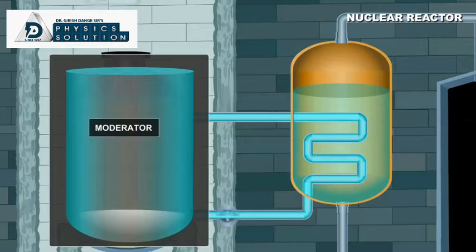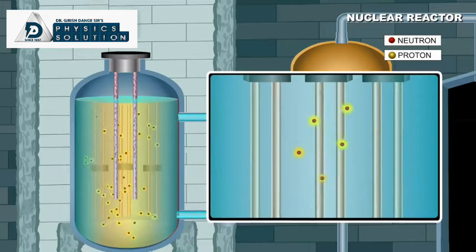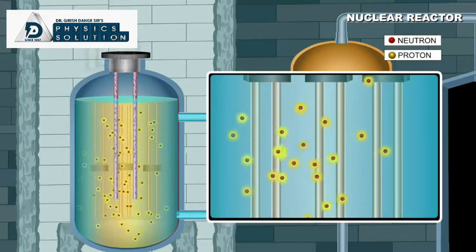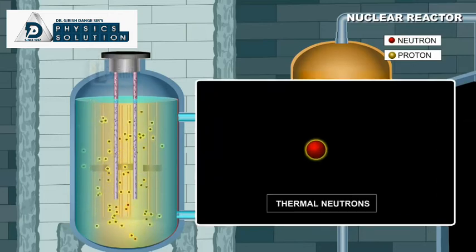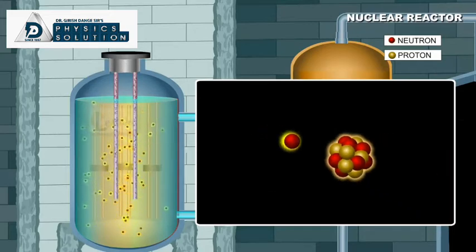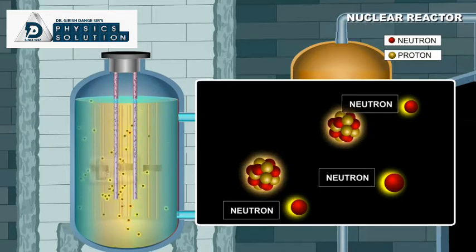Moderator, that means heavy water, is used to control the speed of excess neutrons, just like a thermal neutron, which has energy of about 0.04 electron volt, that bombards the nucleus of uranium, splits up into lighter nuclei and produces 3 neutrons as we know.